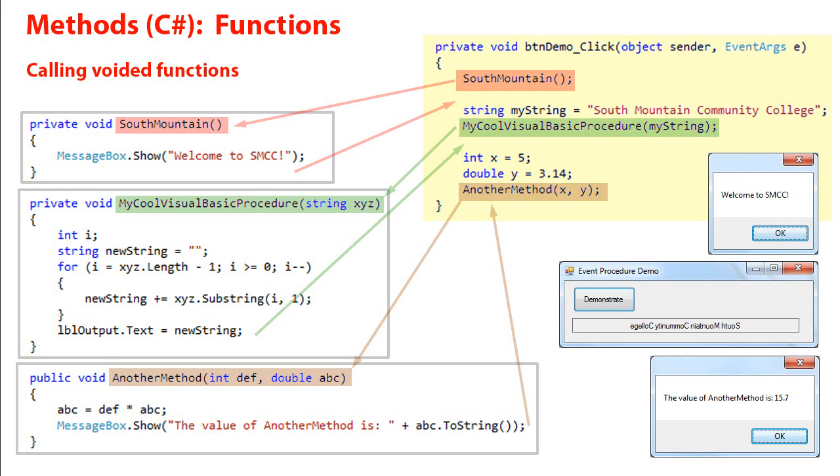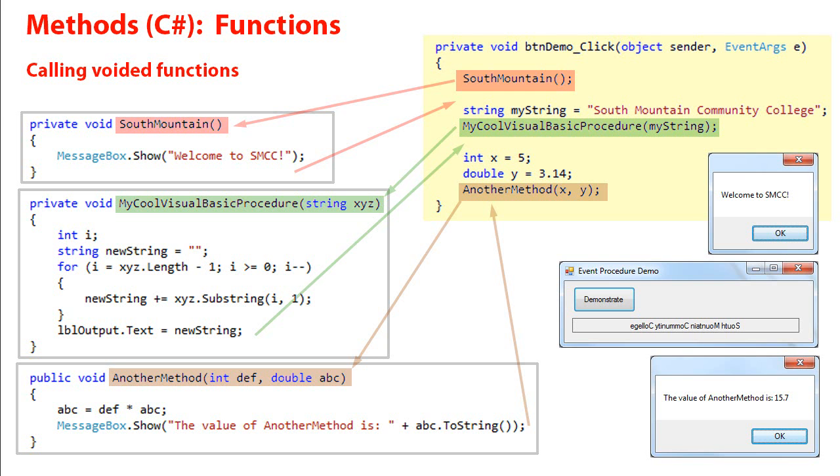And it's going to execute the next line. I'm going to create a string variable called myString and put South Mountain Community College in the string. Then I'm going to call the myCoolVisualBasicProcedure function and pass it the value of myString, which is, in this case, South Mountain Community College. That's the value that's going to go into XYZ in our function.